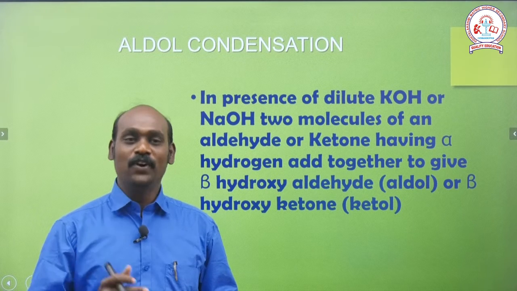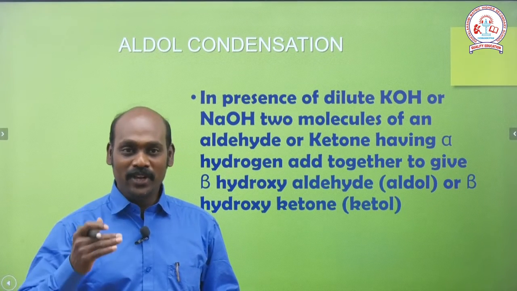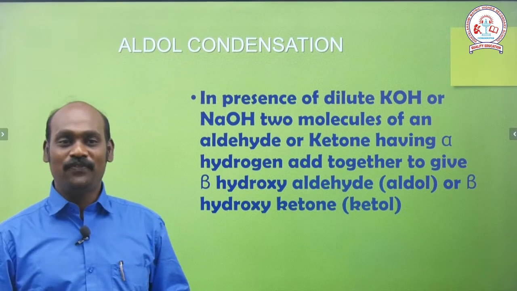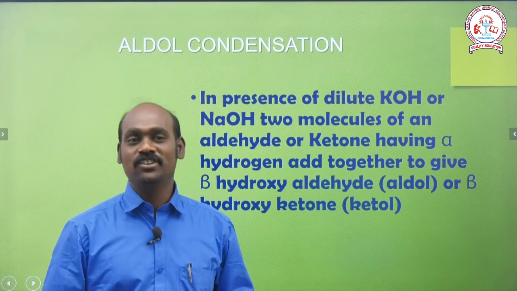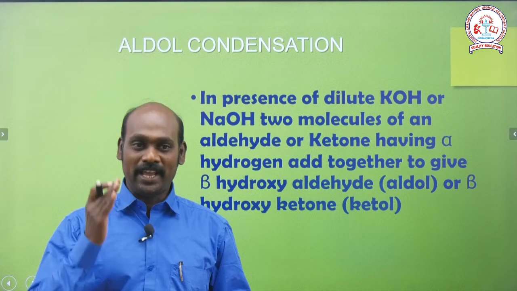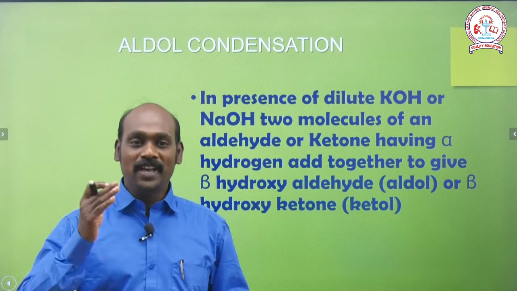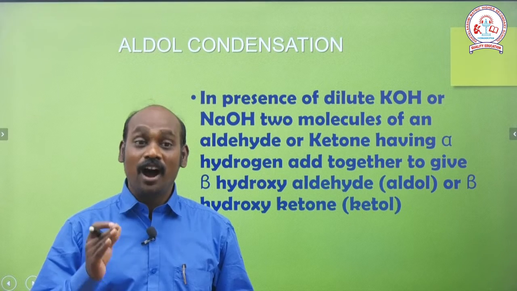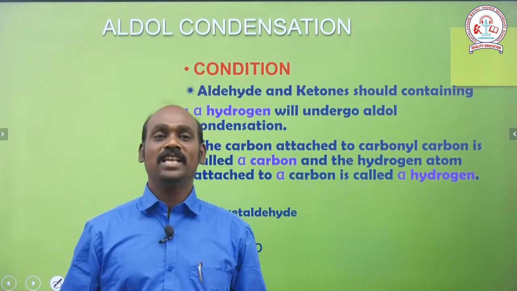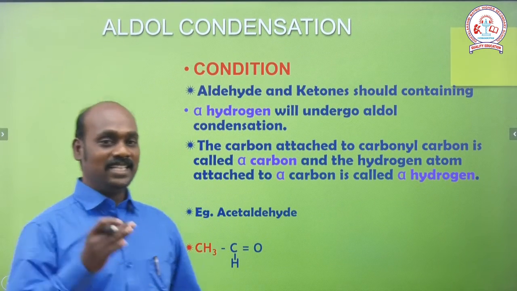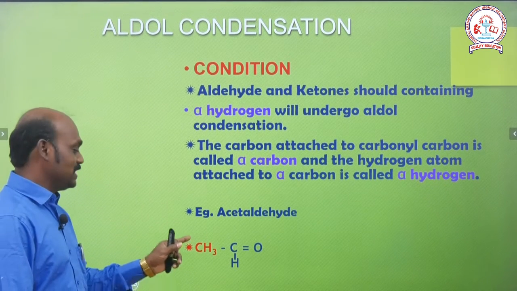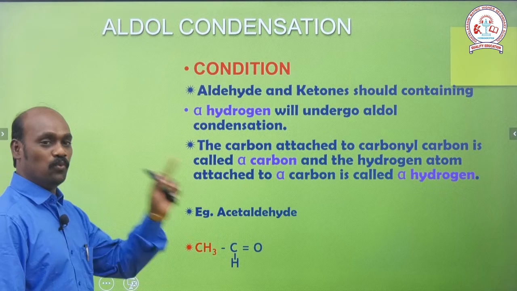Before knowing Aldol condensation, we have to know the conditions for the Aldol condensation reaction to take place. The primary condition is that the aldehyde or ketone should contain alpha hydrogen. So what is alpha hydrogen? Let us take acetaldehyde. What is the formula for acetaldehyde? CH3CHO.